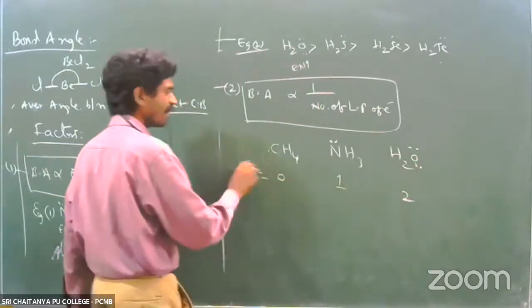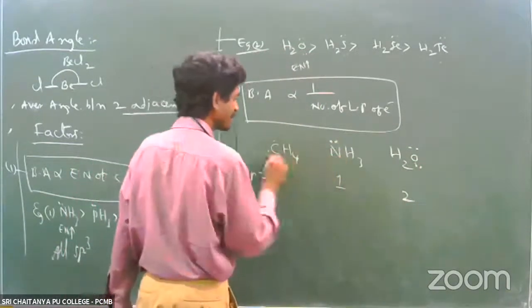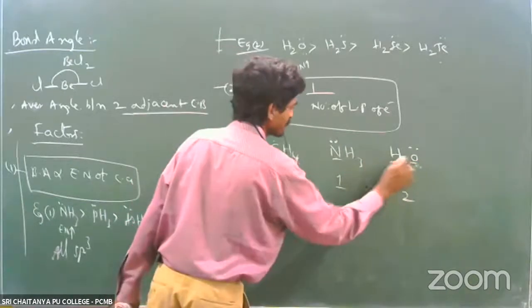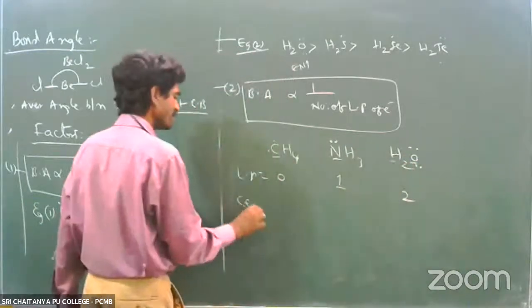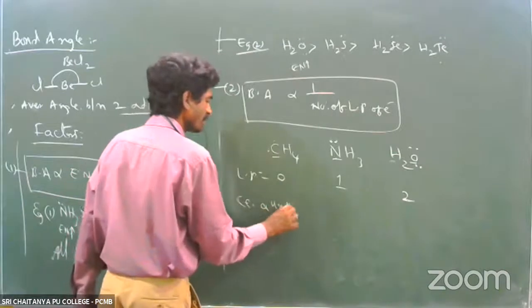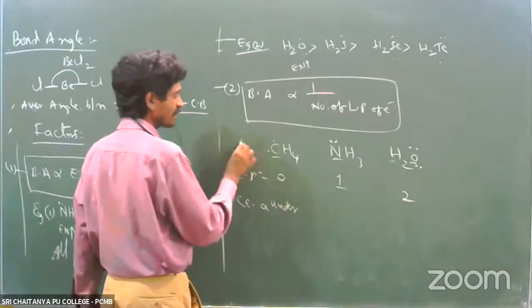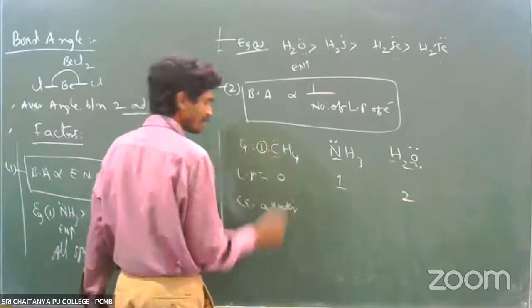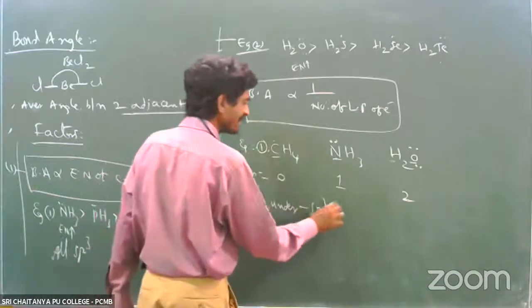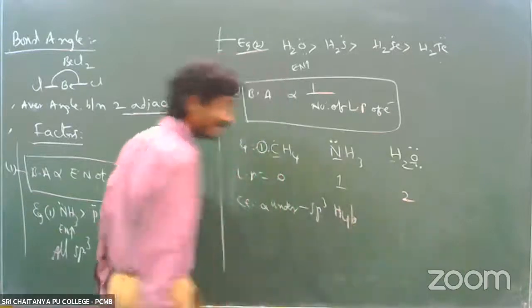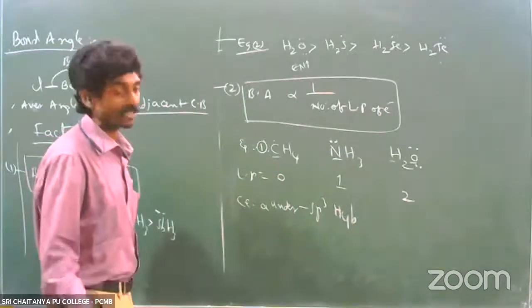So the carbon atom, nitrogen atom and oxygen atom are the central atoms, and the central atom in all these 3 compounds undergoes sp3 hybridization. sp3 means we expect tetrahedral geometry.